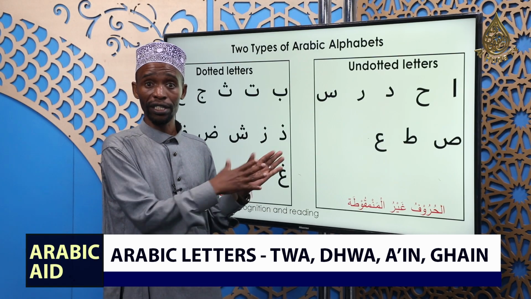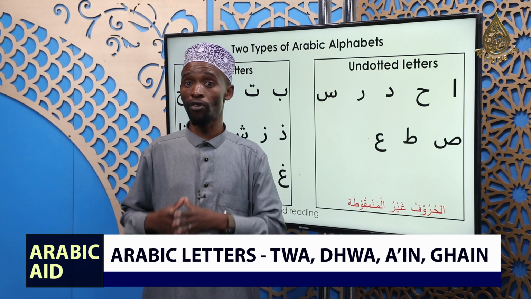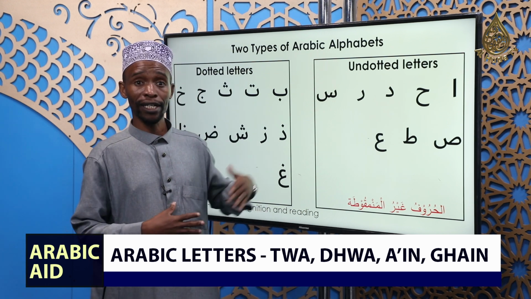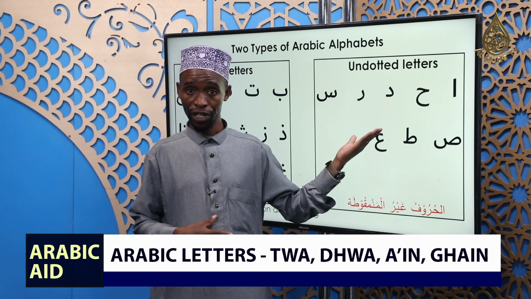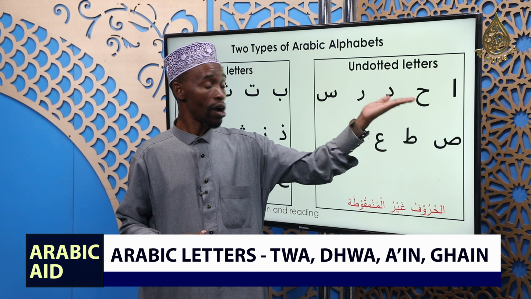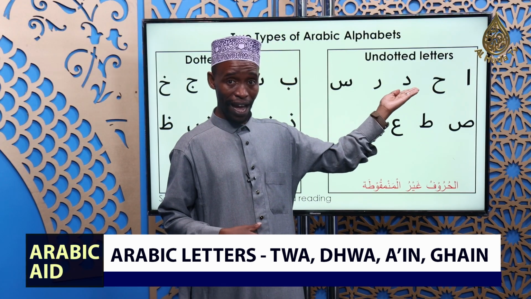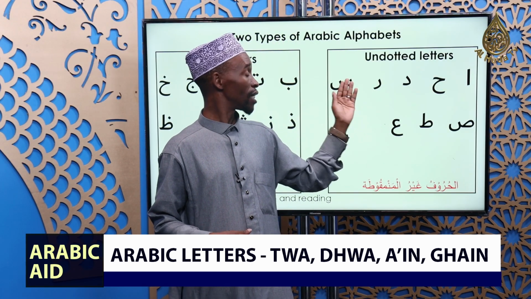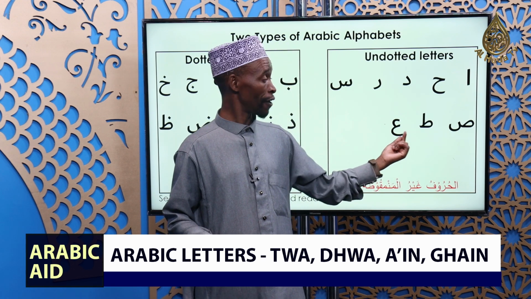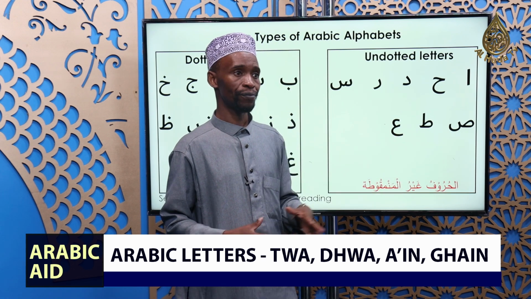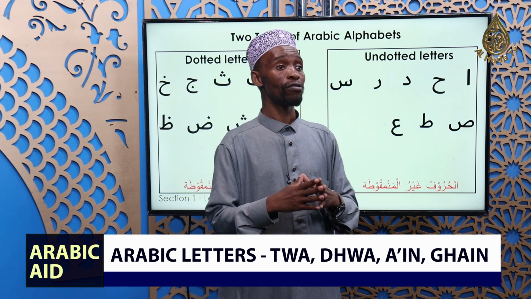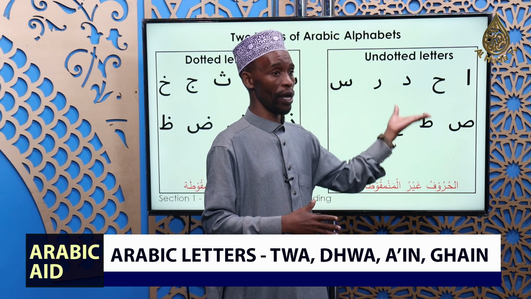On the screen is a table showing the category of each letter we have done so far. On the undotted side, we have Alif, Ha, Dal, Ra, Sin, Swad, Twa, and finally Ain. These make up huruf ghayru manquta.